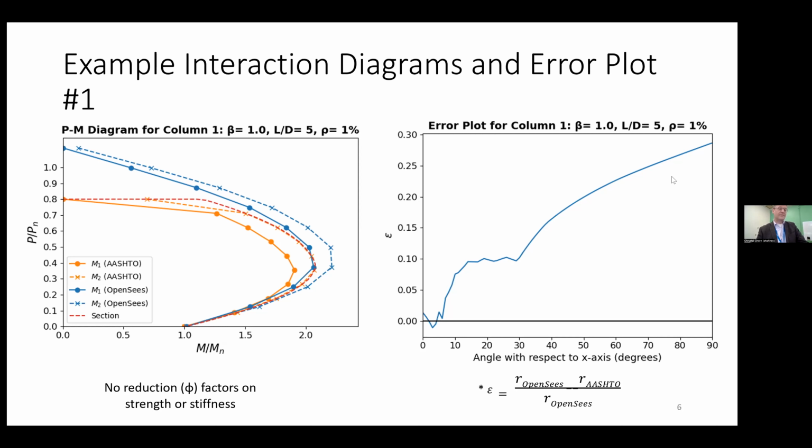But anyway, so the first order moment from AASHTO and from the OpenSees model are the solid orange and blue lines respectively, and then the dashed lines are the second order moments, including P little delta effects predicted by AASHTO and OpenSees respectively.